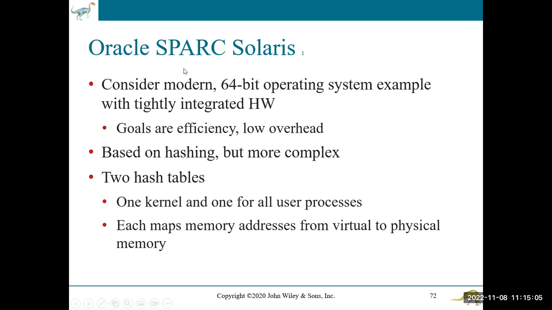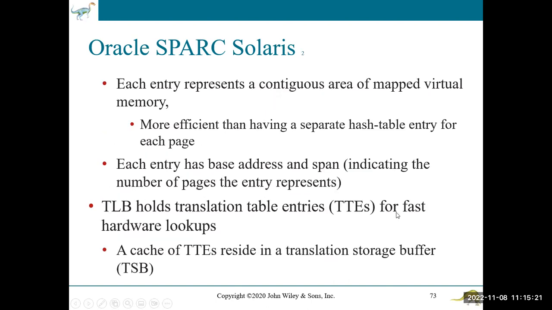So a Solaris Oracle Spark is a high performance workstation / server. Think Silicon Graphics and special effects again. So these are very expensive machines. When I say very expensive, I mean 50,000, 100,000, $250,000 for one of these, right?